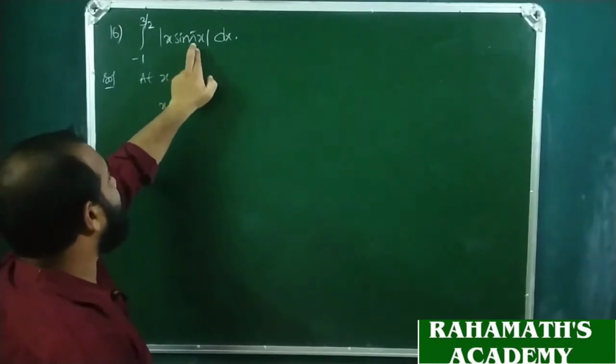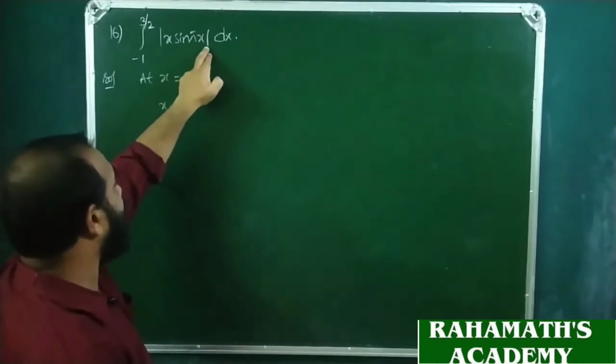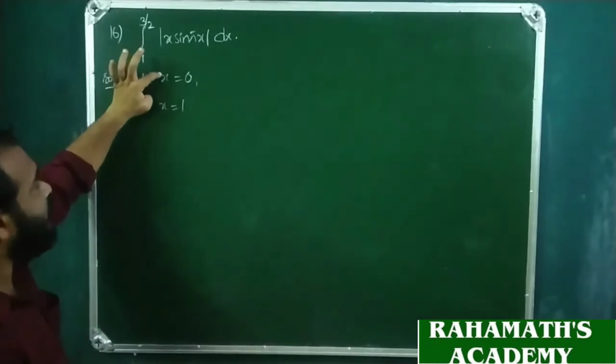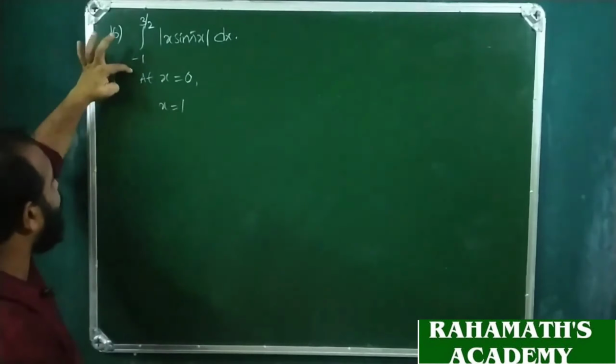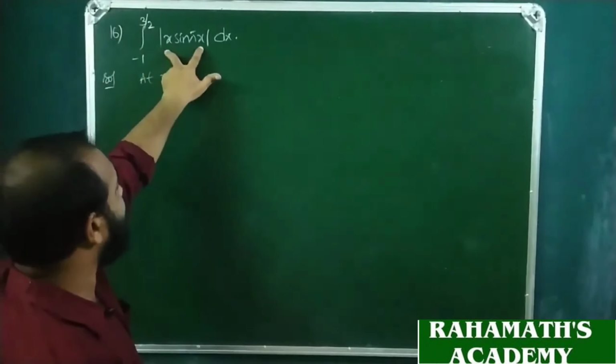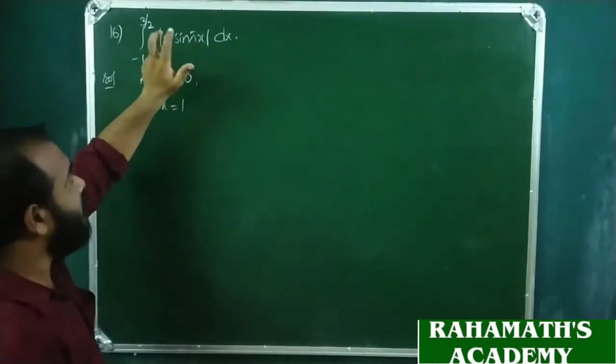Sine pi value is sine 180, sine of 90 plus 90, which is plus cos 90. Cos 90 value is 0. So at x equal to 0 and x equal to 1, between minus 1 to 3 by 2, the value of this modulus is 0.